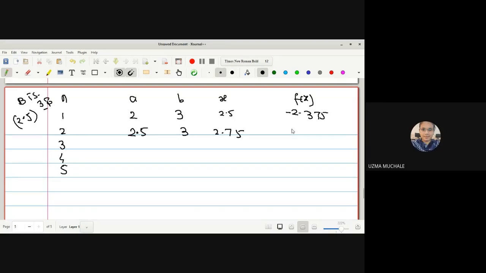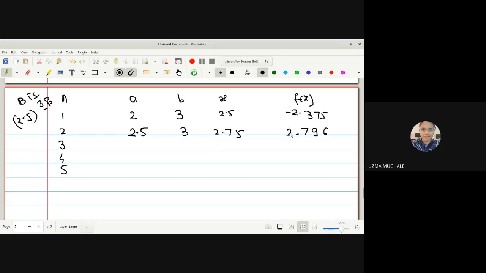And the corresponding value of f of 2.75 is 2.7967, about 2.79. Now we have to check the value of f of a naught into f of 2.5 into f of 2.75. F of 2.5 is minus, f of 2.75 is plus.